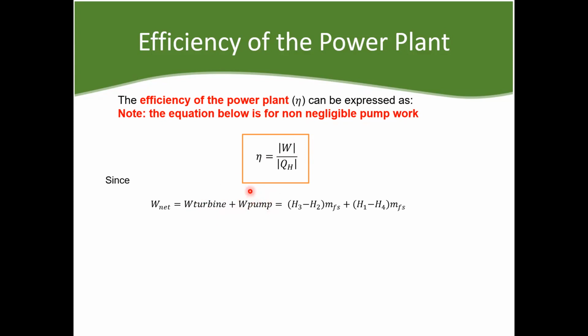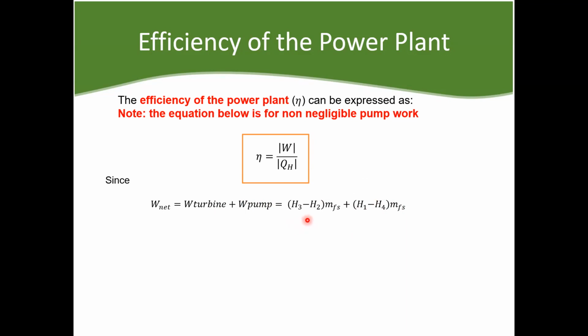But conventionally, you'd know that this would have opposite signs because the turbine is generating work and the pump is requiring work. However, it will be reflected later on the values of the enthalpies. That's why we just use plus here. So the enthalpies will ensure that the sign conventions are followed.